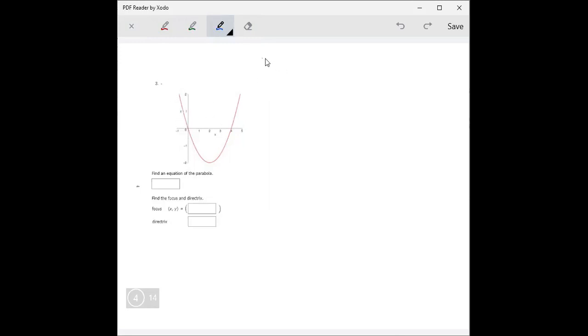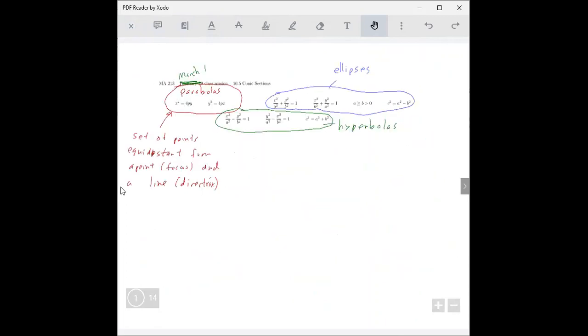This opens up, right? So we're going to end up with y minus h equals a times x minus k squared. Okay, or I guess if we're going to go with the form that they have on the first page, since it opens up, then it's going to be this right here.